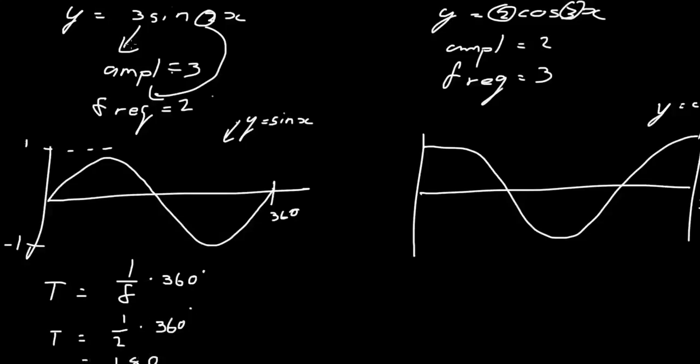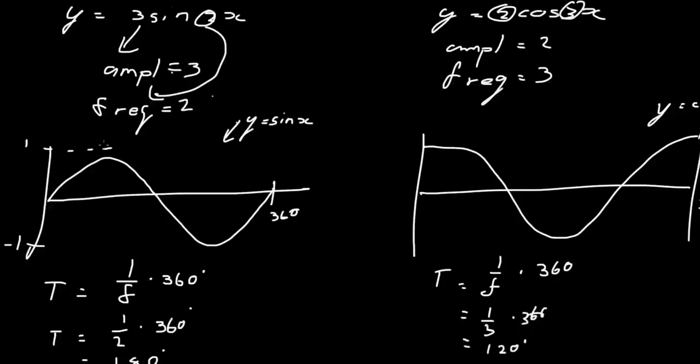So this graph has a period of 180 degrees. This graph has a frequency of 3, so T equals 1 over f times 360 equals 1 over 3 times 360 equals 120 degrees.